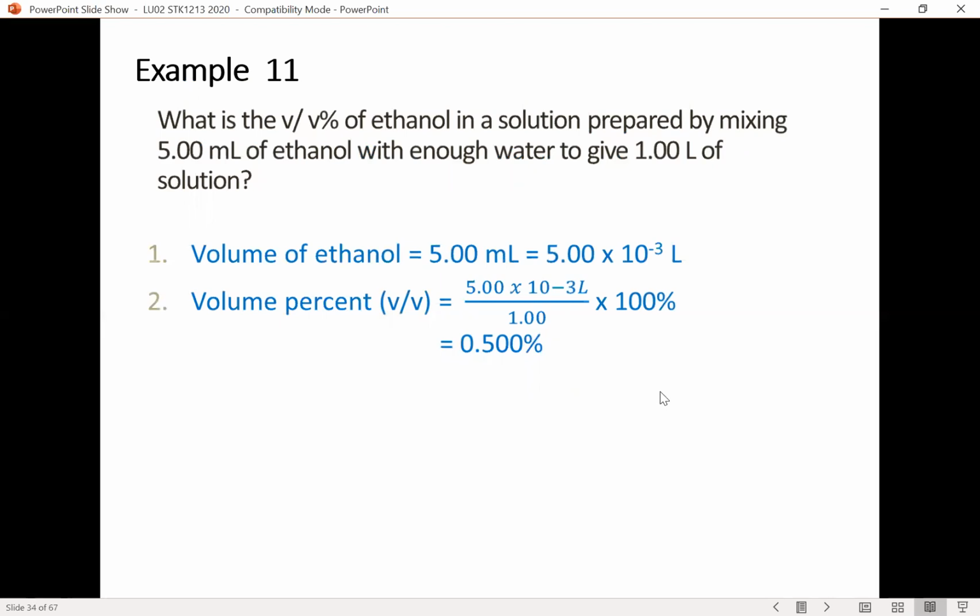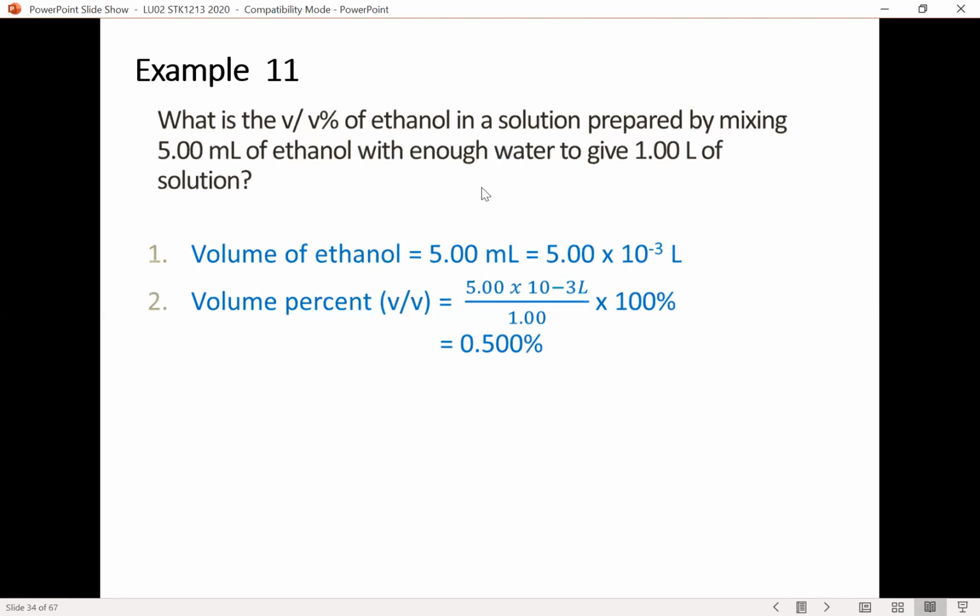What is the volume to volume percentage of ethanol in a solution prepared by mixing 5 ml of ethanol with enough water to give 1 liter of solution? So the first thing you have to do is to identify how to calculate volume to volume percentage. So the formula is volume to volume percentage equal to volume of solute divided by the volume of solution.